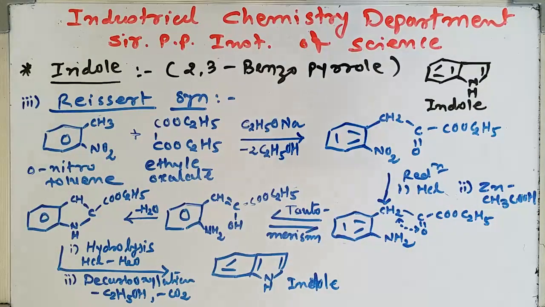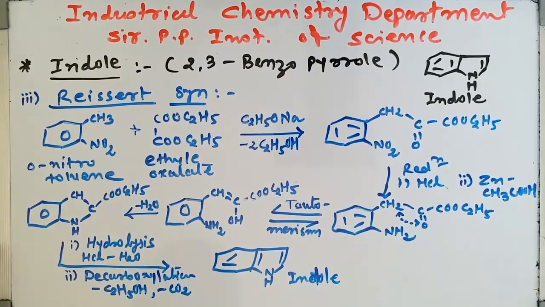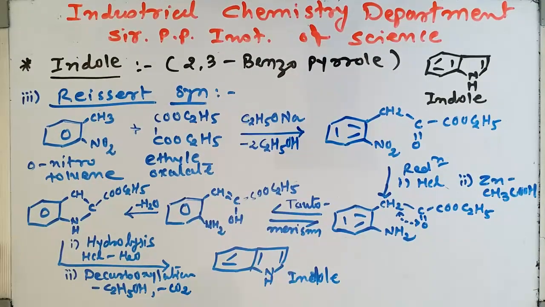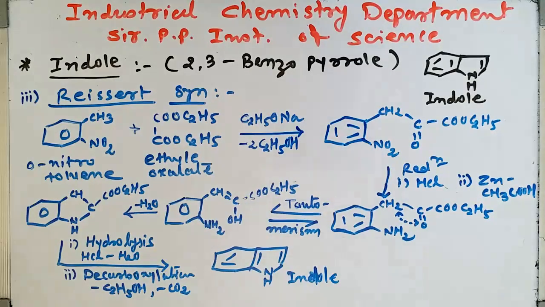With the help of orthonitrotoluene and ethyl oxalate, with sodium ethoxide, and then reduction takes place. So the nitro group is converted into an amino group.